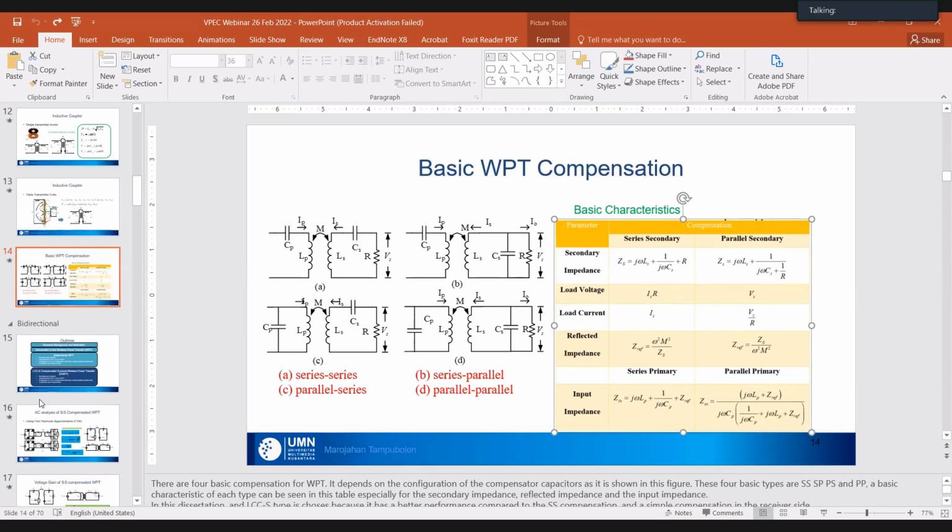Thank you. But when the coupling coefficient is changed, how can you tune that? Right now, some people try to tune this by using switching, where they change the capacitance when the coupling changes, so it will regulate the transfer power.